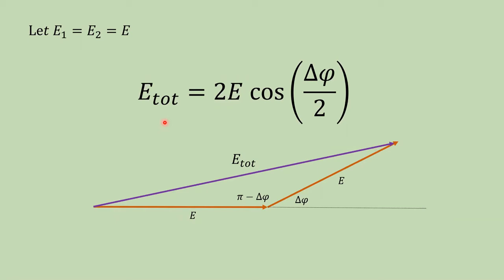All you need to know is the phase difference. Divide that phase difference by 2, take the cosine, multiply by 2 times the electric field amplitude of each individual wave. Remember, this E is the amplitude of the individual electric fields. Both of those electric fields are oscillating in time. They're going positive, negative, but they have an amplitude. That's what E is.